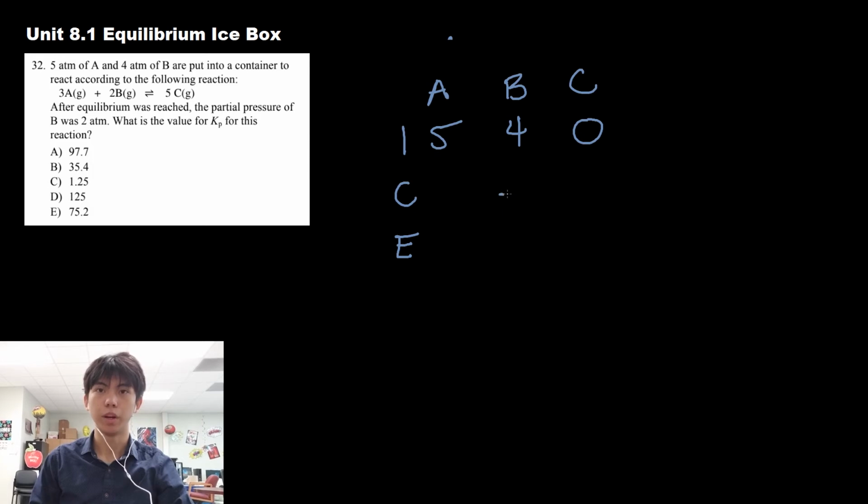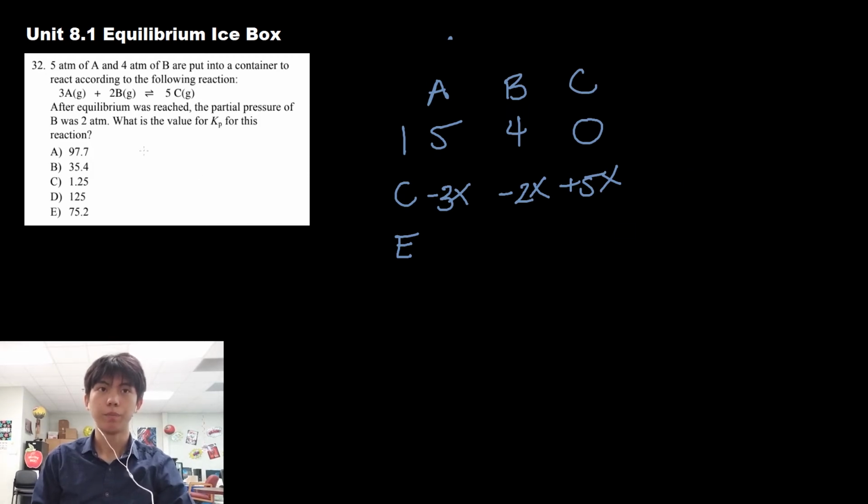So this will change by negative 2x, this will change by negative 3x, and this will change by positive 5x, since this reaction will go in the forward direction.